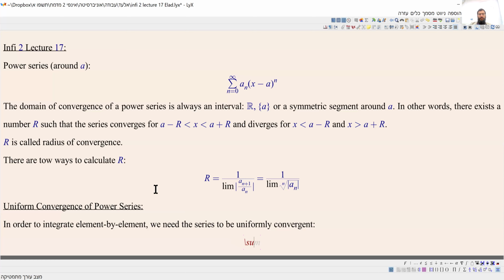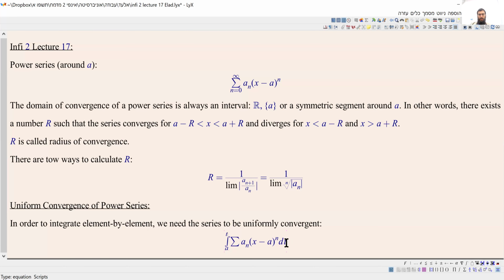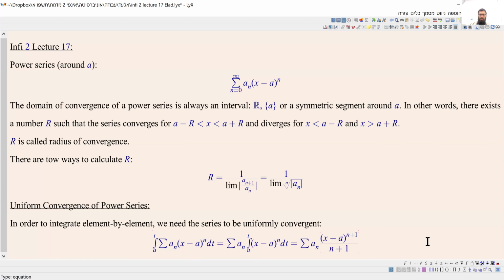When we want to integrate the whole series, let's write it precisely, we can actually integrate every element by itself, which basically gives us the following series: a_n times (x minus a) to the power n plus 1, over n plus 1.